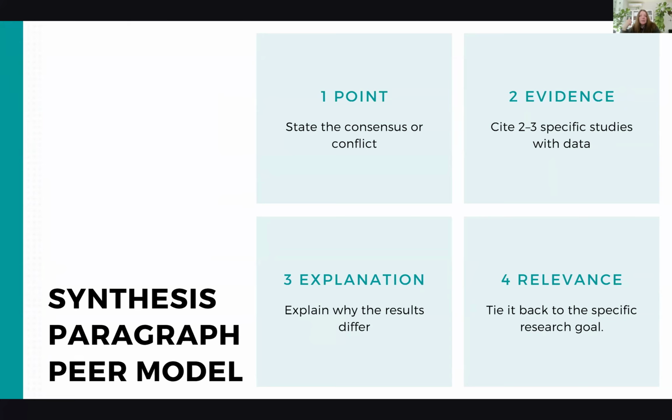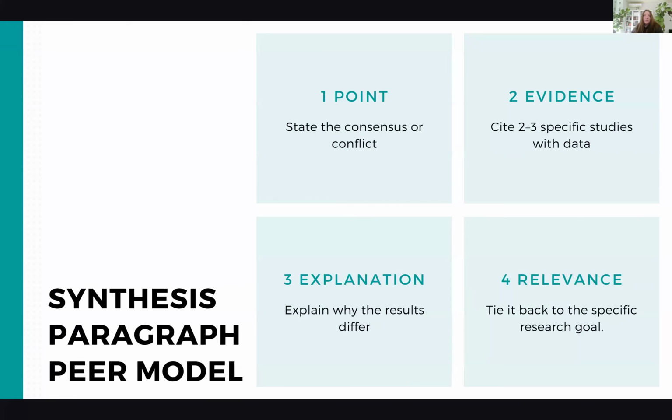State the consensus, something that all the authors you've studied agree on. Or alternatively, start with a conflict, something different authors don't agree on. That should be at the beginning of your paragraph. Next, provide evidence.